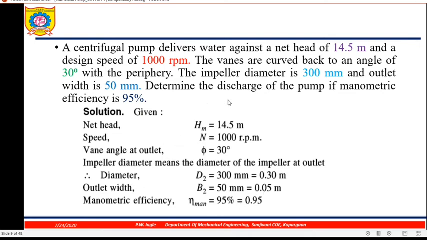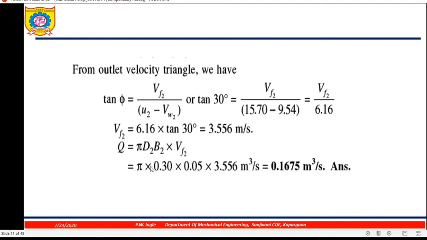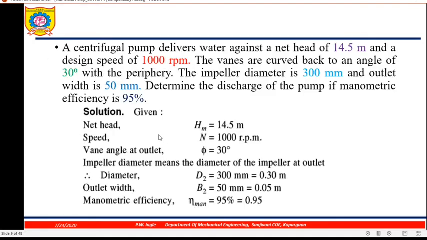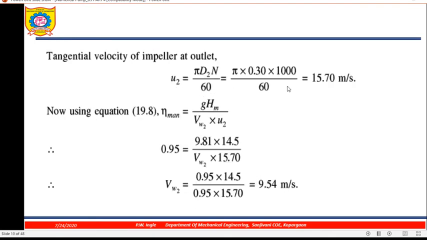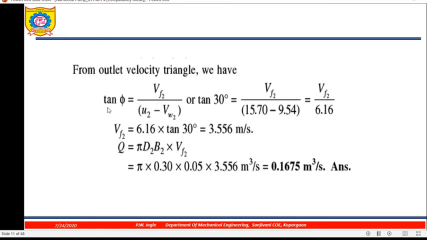What you have to calculate? Discharge. Discharge is pi D2 B2 into Vf2, so anyhow you have to calculate Vf2. We'll go step by step. U2 is pi D2 N by 60. Manometric efficiency is g Hm upon Vw2 U2, so we will get the value of Vw2. Then tan phi is Vf2 upon U2 minus Vw2.